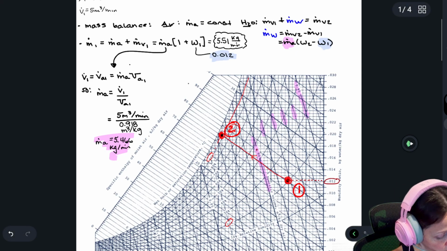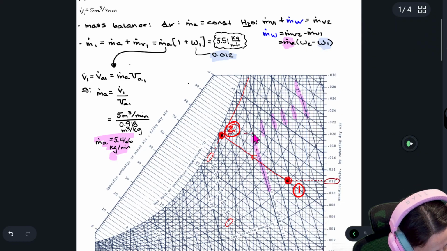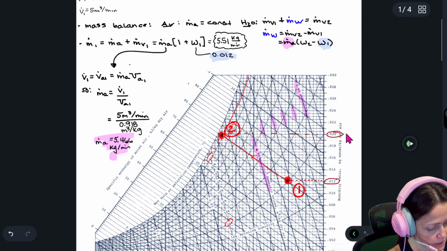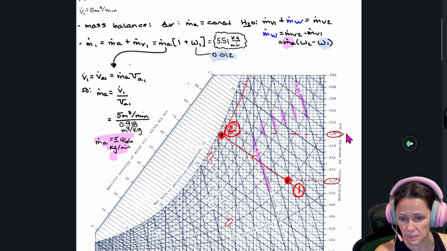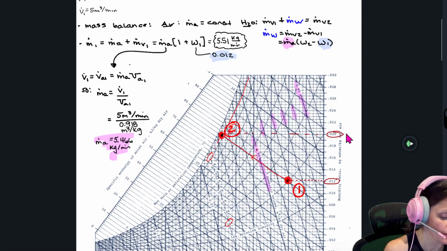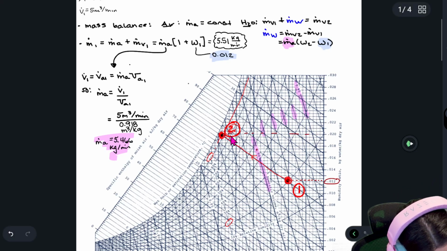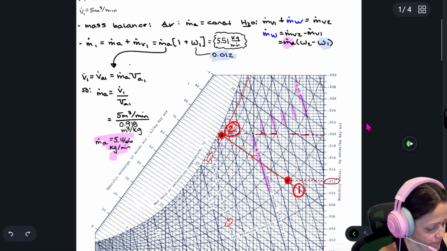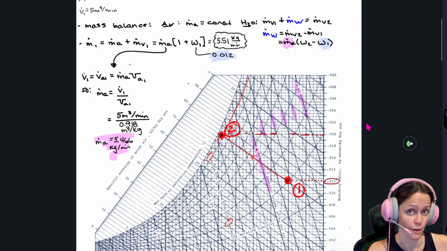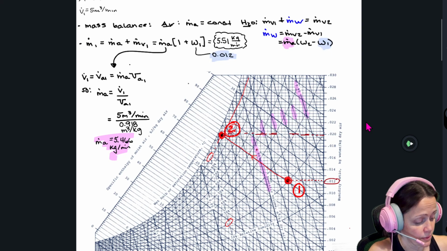I do need the specific humidity at 2, so let's go ahead and get that guy. So it's like about 0.02. Yeah, I thought it was maybe 0.019. Pretty close. It's kind of hard to tell, isn't it? Maybe it is a little lower. On the solution online, I put 0.019.